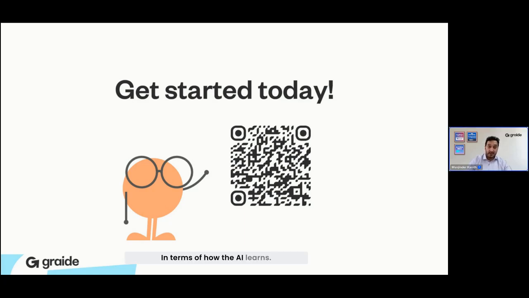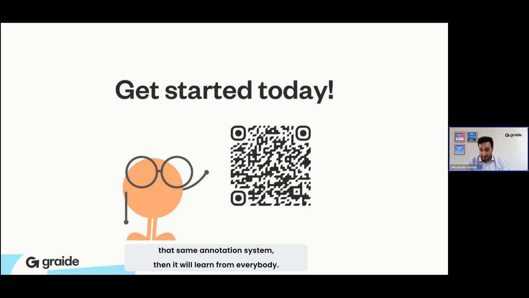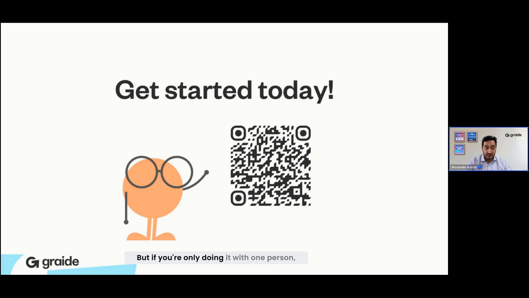In terms of how the AI learns, it learns based on every time that particular annotation is given. So if you have a group of people marking and they're all giving feedback using that same annotation system, then it will learn from everybody. But if you're only doing it with one person, then it will only learn from that one person.